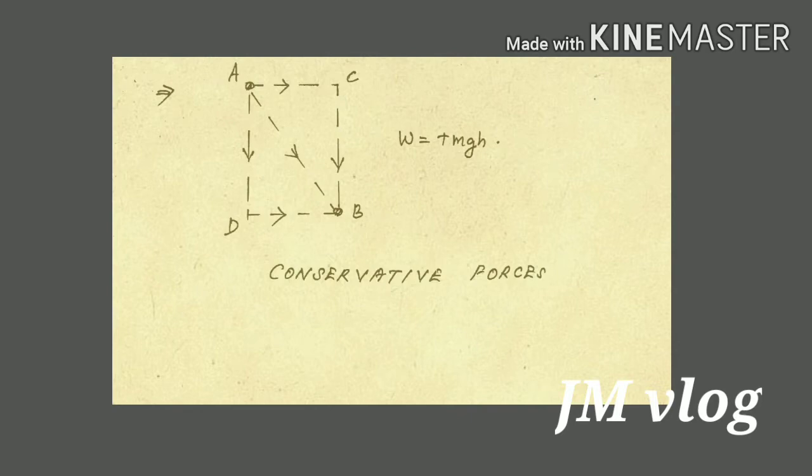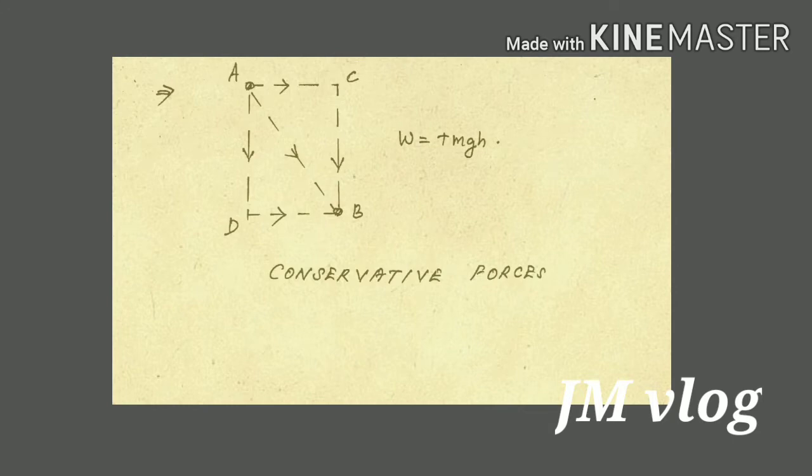With the help of gravitational force, I try to move the body from A to B. For that, I can choose different paths. First of all, I move the body from A to B directly. I mark that in the figure as the diagonal path.